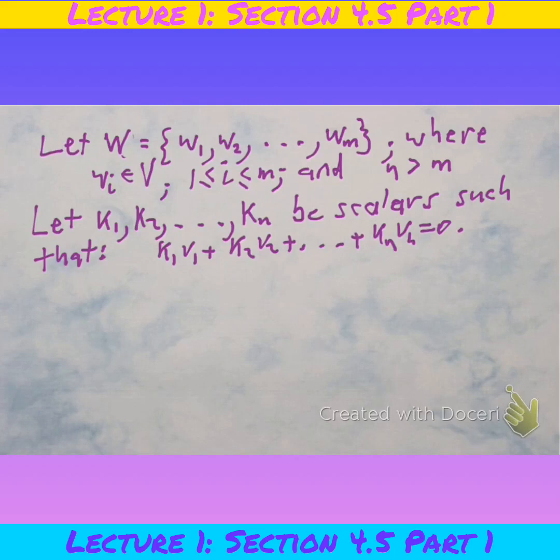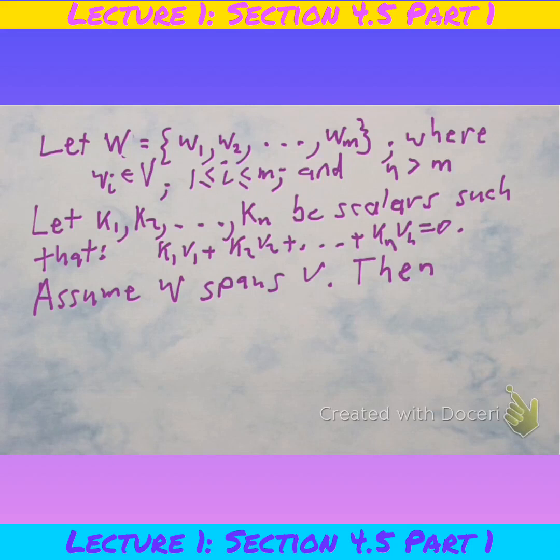Now again, we apply the same principle. We want to eventually show that W cannot span V. Well, let's assume that W can span V. So let's assume W spans V. Then we can set up the following system of equations.